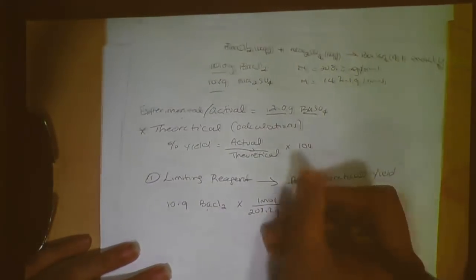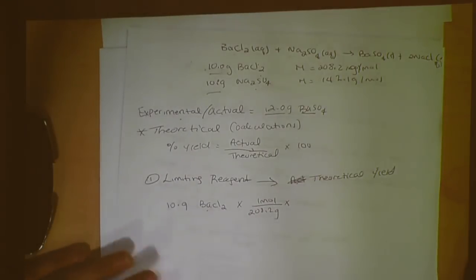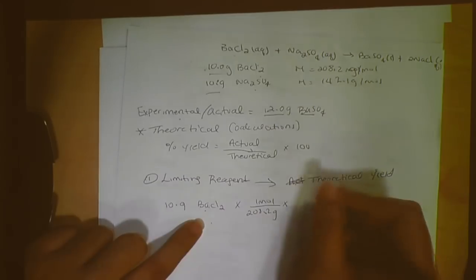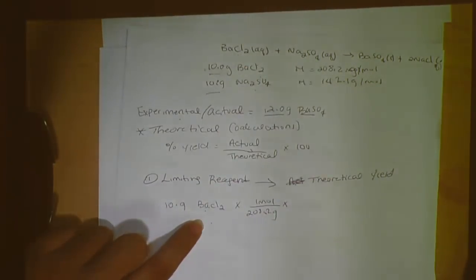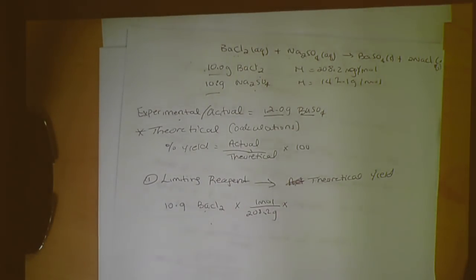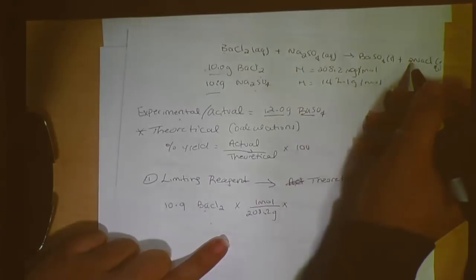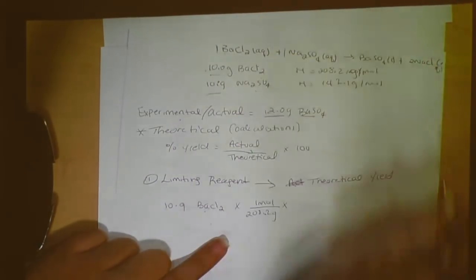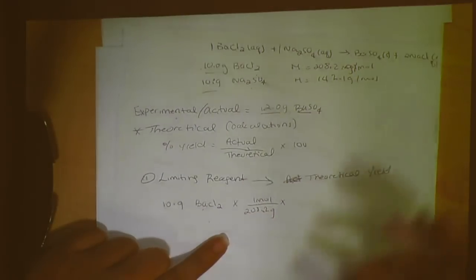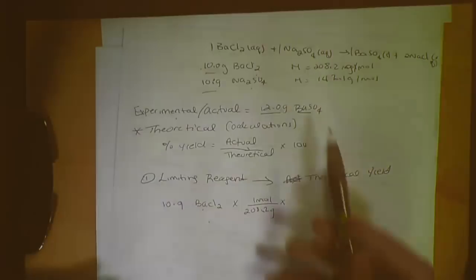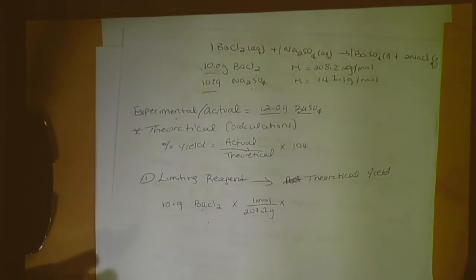Now I can figure out how many moles of BaSO4 I can get, because in the equation it's a 1-to-1 ratio. 1 BaCl2 reacts with 1 Na2SO4, giving 1 BaSO4 and 2 NaCl. But again, I'm only comparing BaSO4, because that's what the question is asking for.